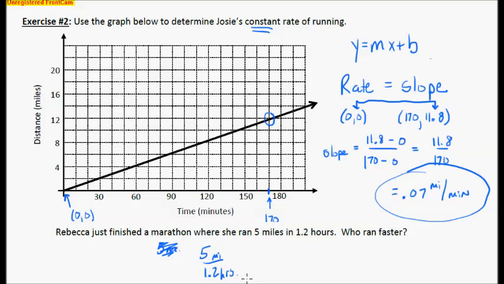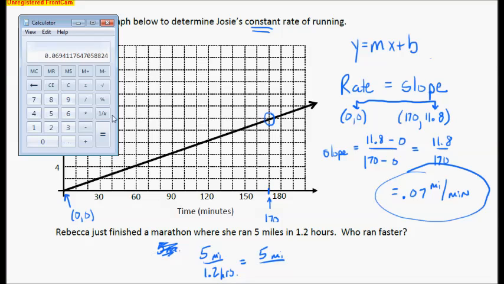Now you have to be careful here, because we've got miles per minute over here, but they're in miles per hour. So first, I'm going to change that to miles per minute. If it's 1.2 hours, and I multiply that by 60 minutes in an hour, that's 72 minutes.